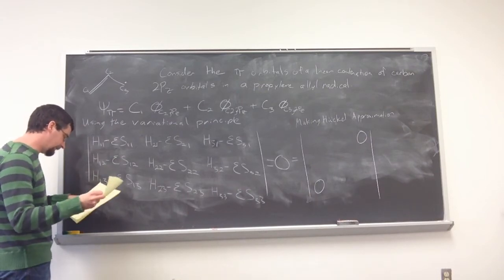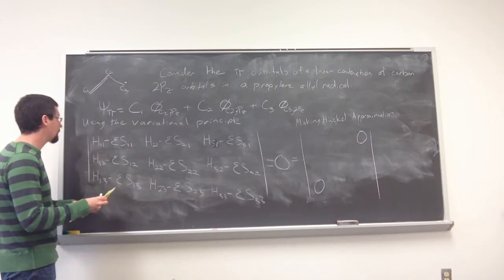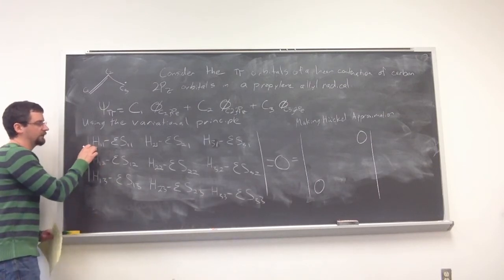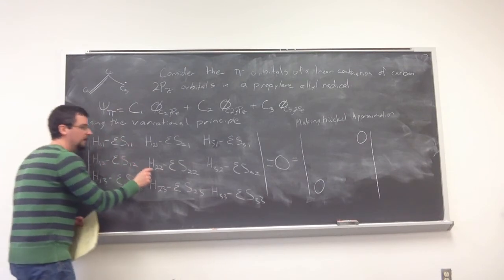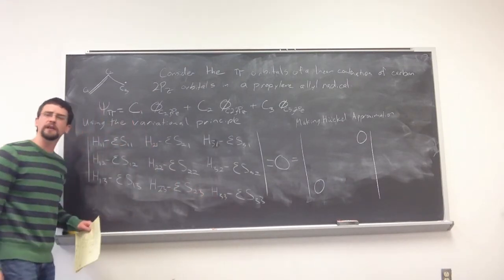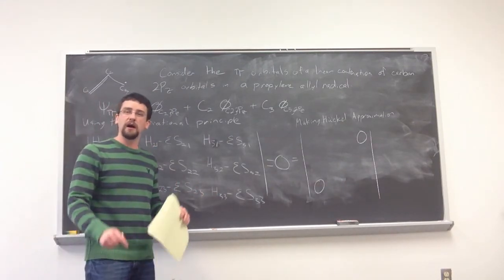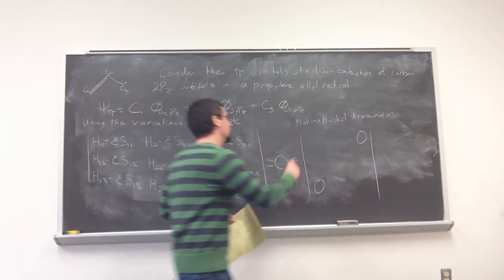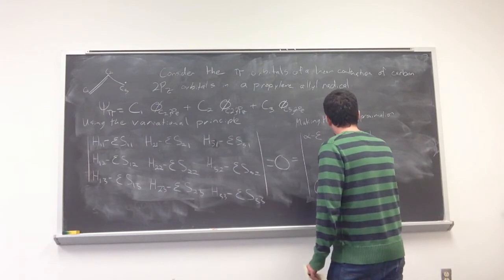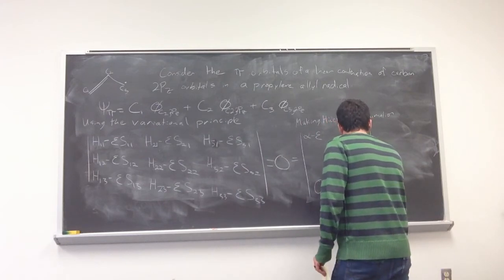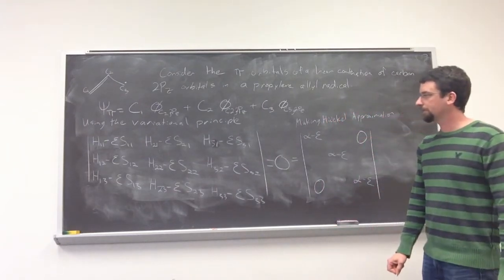Any of them outside are going to be set to 0. The other thing that we have to keep in mind is that any of the indices that have the same, like H11, H22, H33, those are going to be our Coulomb integrals. So we get alpha minus E, alpha minus E, alpha minus E along the diagonal.